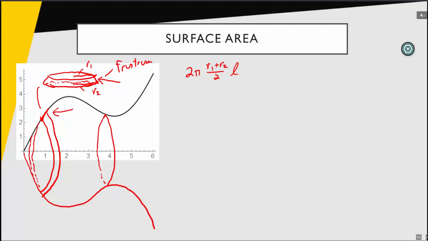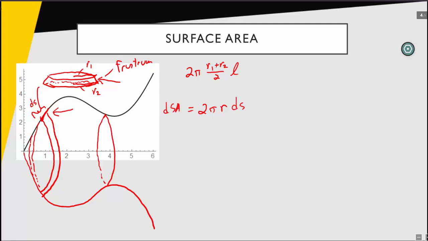In other words, I can simplify this in my case to 2 pi r. The other thing I can look at is what this distance on the edge is. Well, in my case, that's this distance right here, and that's just the arc length of my curve. So I can replace that L with ds. And so this would be a small slice of that surface area.